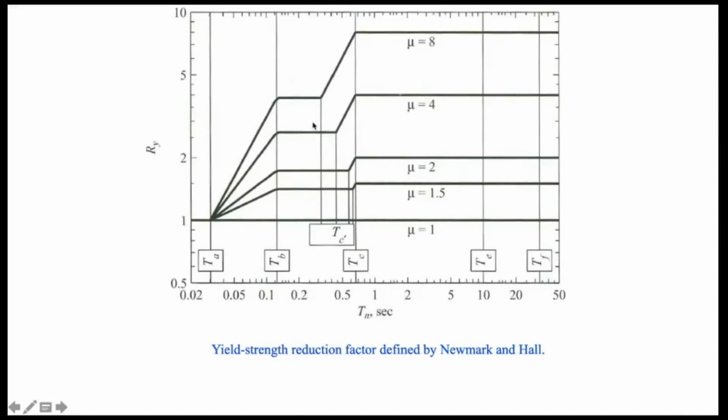Remember that in the equation we had that Tc prime and Tc, where Tc prime is this one. Okay? So this is actually the Tc, but the Tc prime is this one. If ductility is quite large, Tc prime and Tc can be quite different.